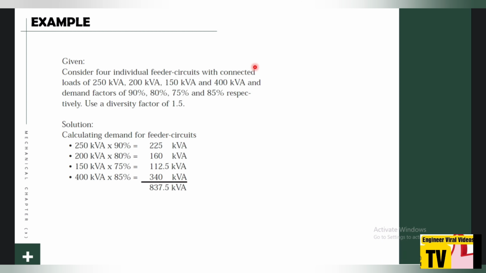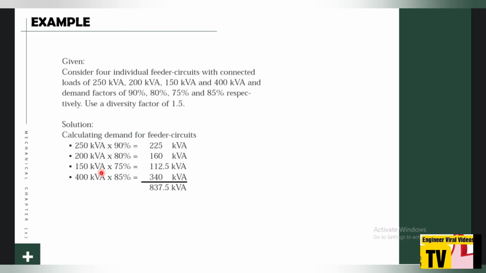Finally, here we have an example for the calculation of the demand factor and demand load. The example says consider 4 individual feeder circuits with connected loads 250 kVA, 200 kVA, 150 kVA and 400 kVA, and the demand factors were 90%, 80%, 75% and 85%. Calculate the demand load.